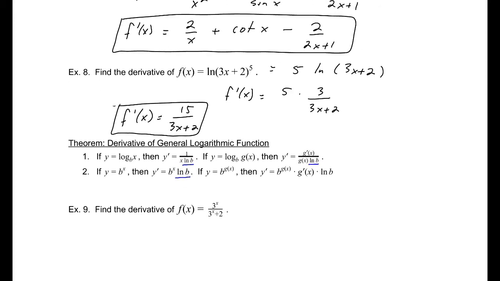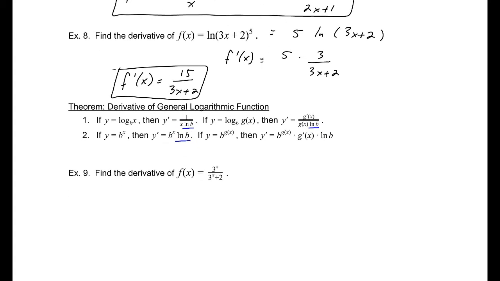The derivative of 3 to the x divided by 3 to the x plus 2. Well, this is a quotient rule, so u over v. So low d high, 3 to the x plus 2. The derivative of the numerator there is 3 to the x times natural log of 3.